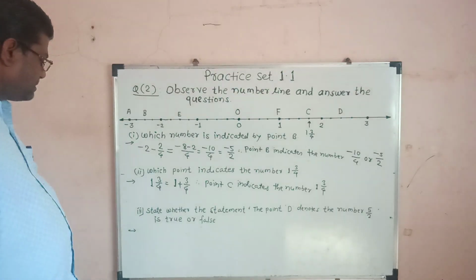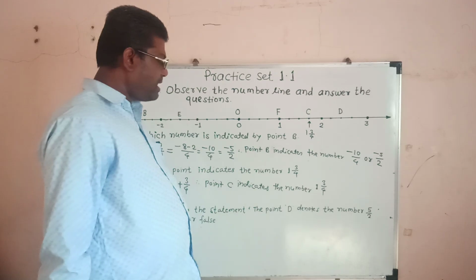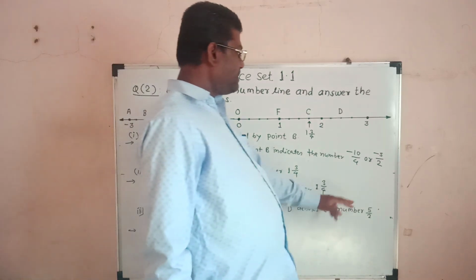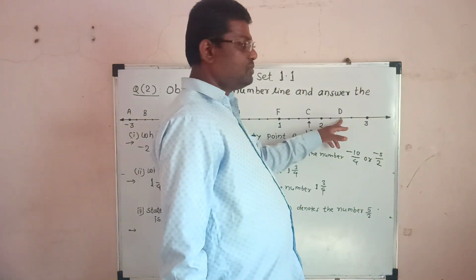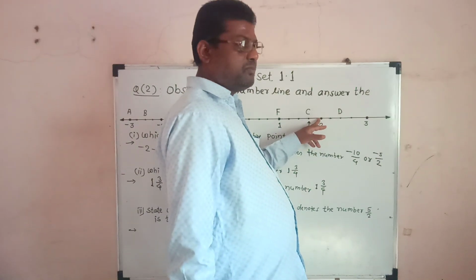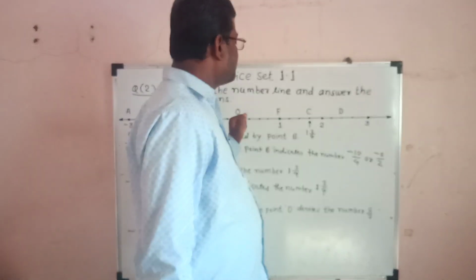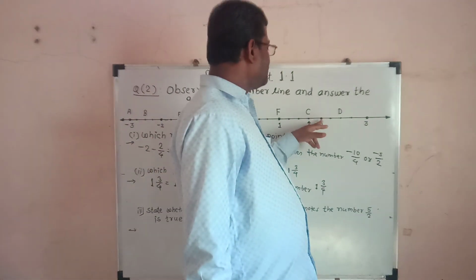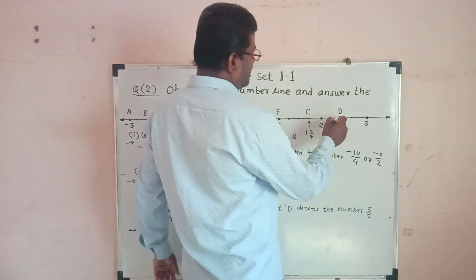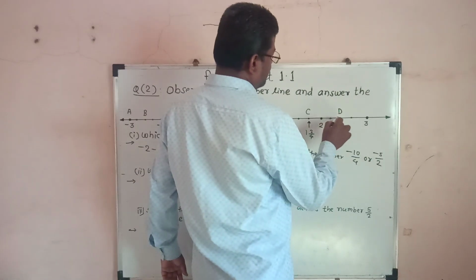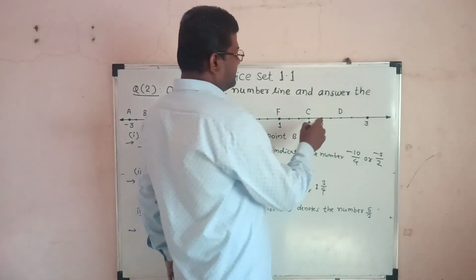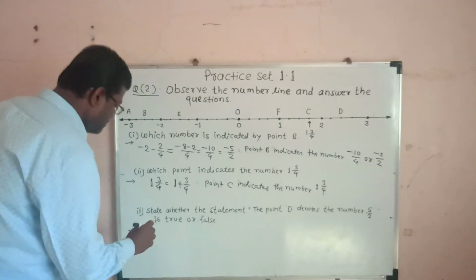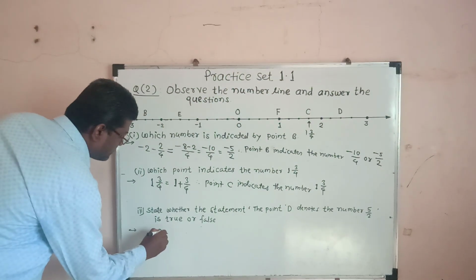Now the last question. State whether the statement is true: point D denotes the number 5 upon 2. Point D is towards the right of number 2, and point D is 2 parts from the point 2. Therefore 2 is complete, and toward the right we take plus.